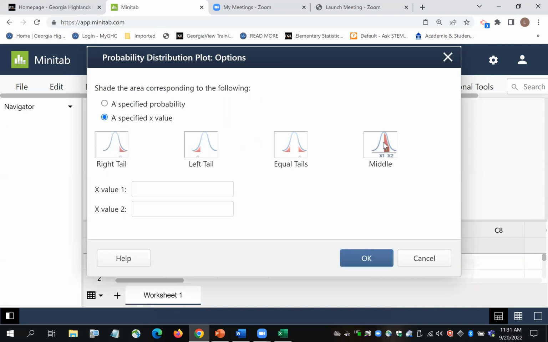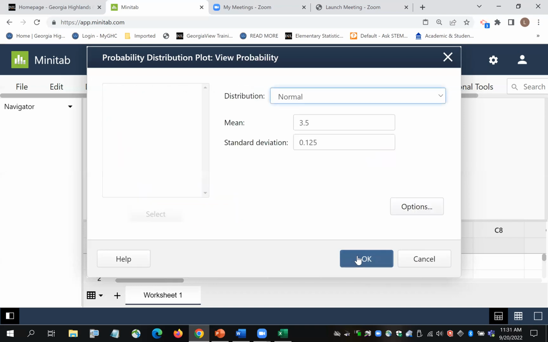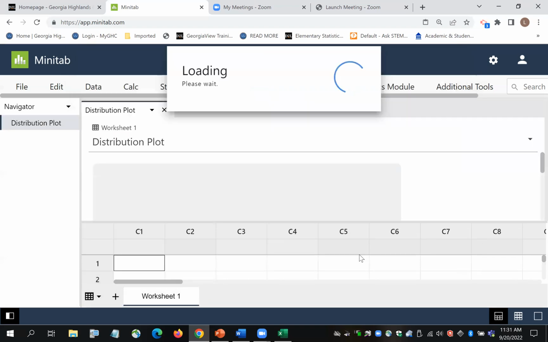We're in the middle and we're between 3.25 and 3.75. I hope that looks familiar because that's the same process you went through for normal distribution. The only difference we have here is we have to use the adjusted standard deviation. We're really using the adjusted mean, but it happens to be the same. I'm going to click OK.